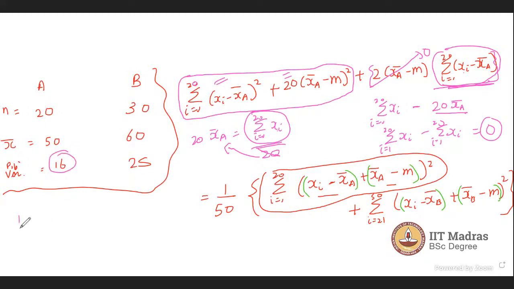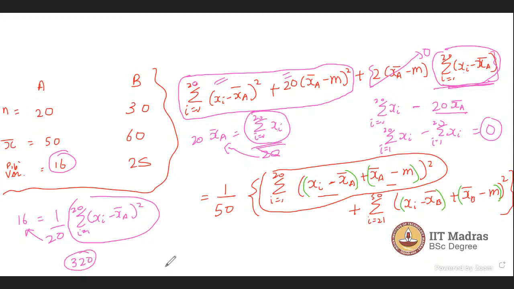For A, I know the population variance is 16. 16 is what? 1 by 20 summation xi minus xa bar whole square, i goes from 1 to 20, right? So I get the value of this thing as 16 times 20, which is 320, right? So I will put the value here. It will become 320 plus 20 times xa bar, which was 50, minus m, which was 56, as we obtained combining.